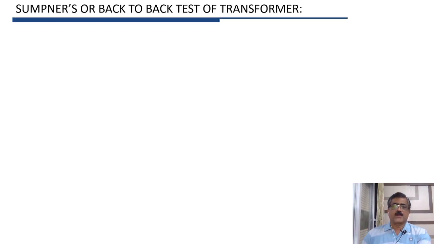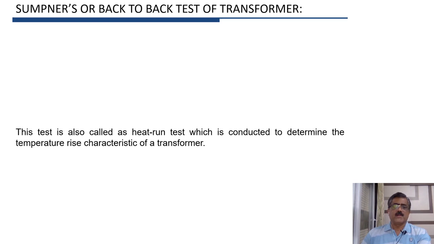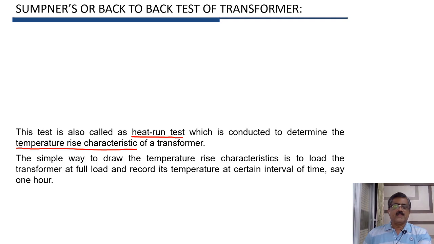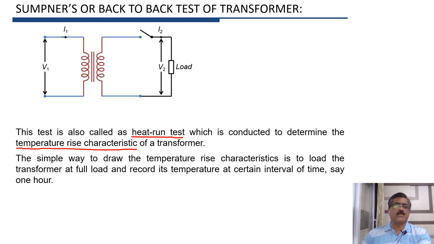Sumpner's or back-to-back test of transformer is also called as heat run test. This heat run test is conducted on transformer to determine its temperature rise characteristics. Now, if you want to determine the temperature rise characteristics, the simplest method is we have to apply rated voltage across primary.